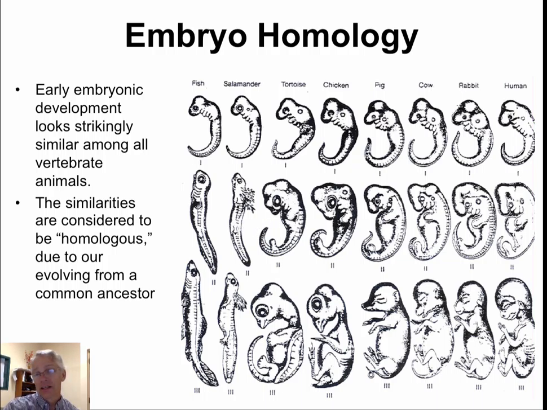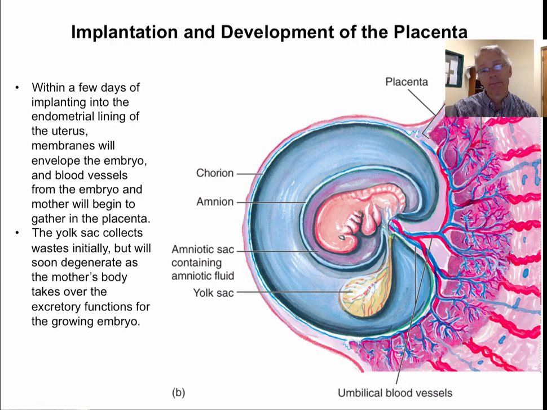And then as the animal starts to develop more and more, it starts to take on greater similarity to the adult version of that animal and ultimately its final form. Here is a short time later. We see the embryo has developed into what looks like one of these very early stage vertebrate embryos now.